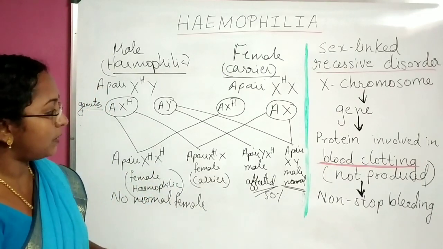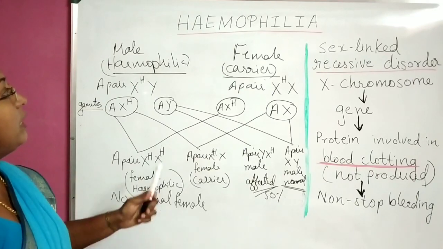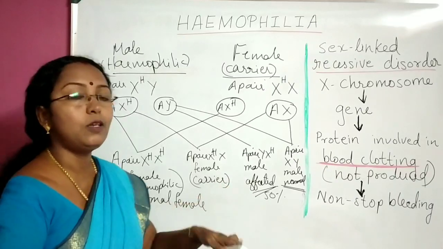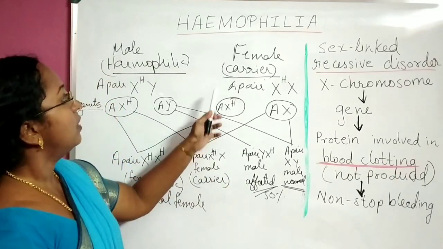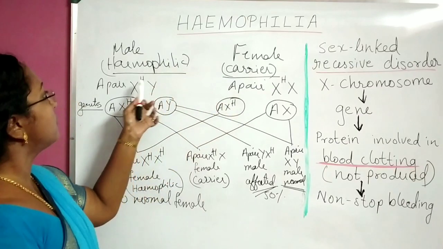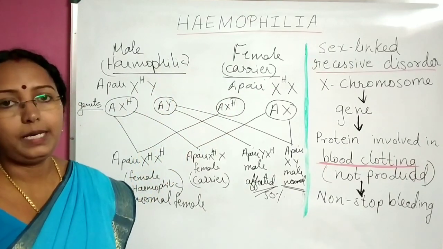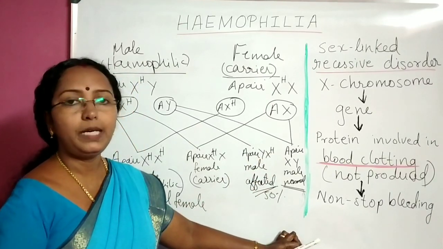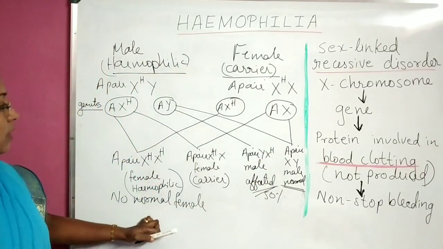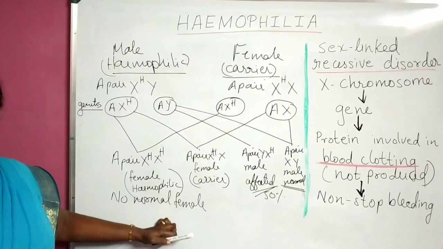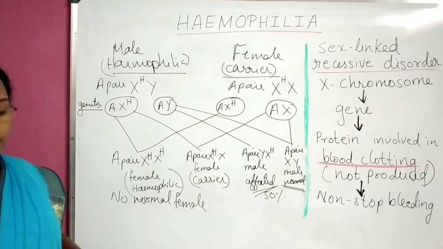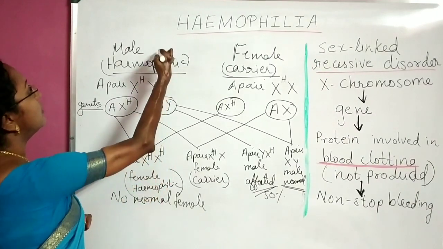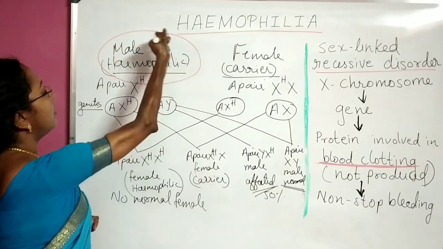So in the question paper, if the question is, what kind of children are expected to be normal in the case when a female carrier is crossed with a haemophilic male, in that case, only 50% chance of the male to be normal, and there will be no normal female children produced.